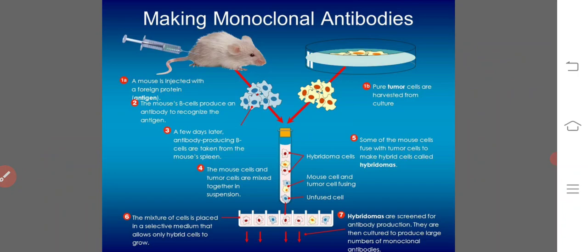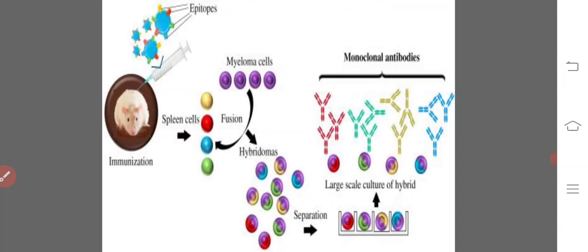And the chosen hybridomas are injected into the peritoneal cavity of the mice. Otherwise, the hybridomas are cultured in laboratories and stored frozen until they are needed to generate additional supply of monoclonal antibodies. Separate pure monoclonal antibodies from the hybridomas by differential centrifugation.